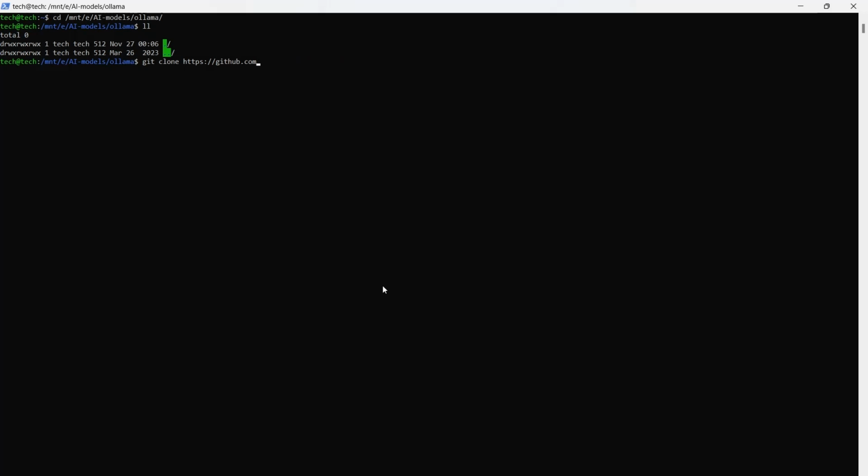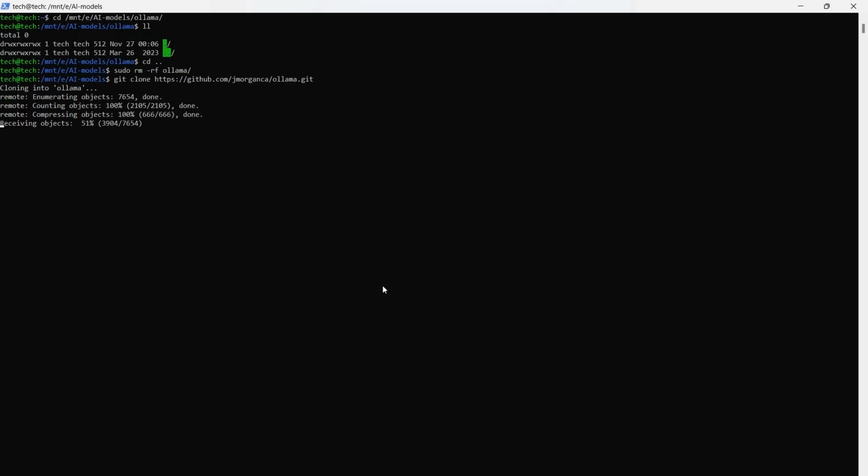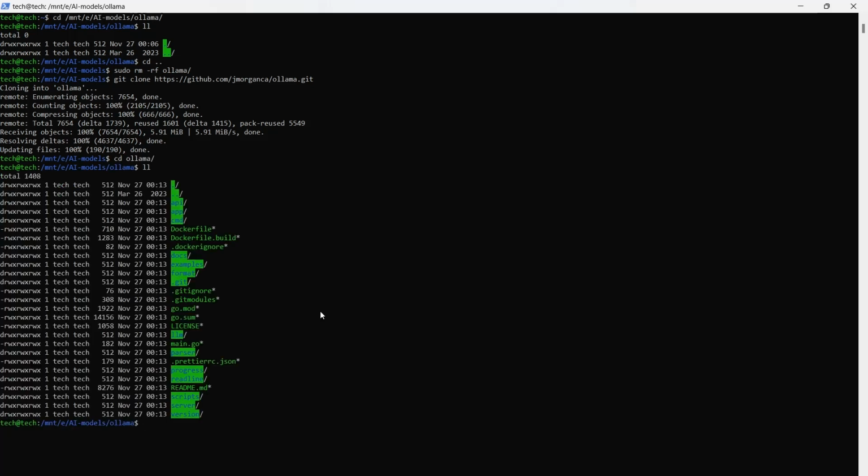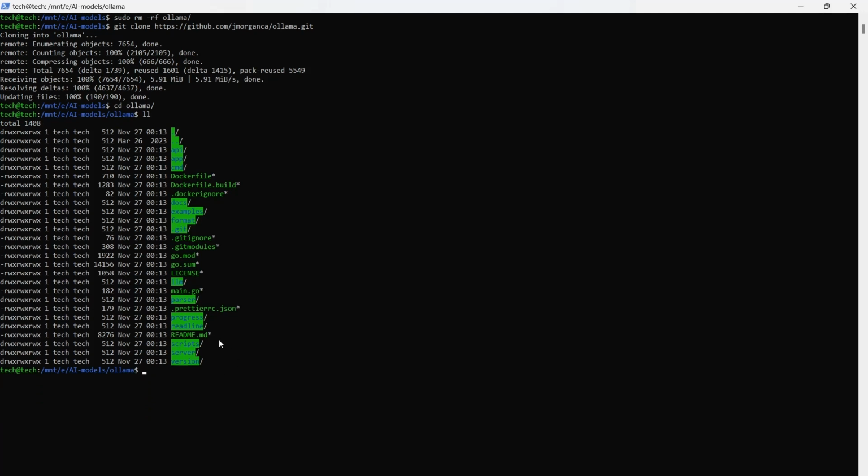First, I'm going to delete the folder that I've created, Ollama, because I'm going to get the same folder with the GitHub link, ollama.git. Okay, so we did clone the repository.